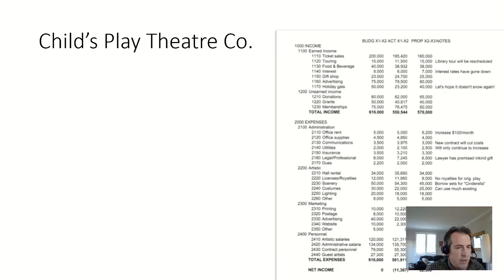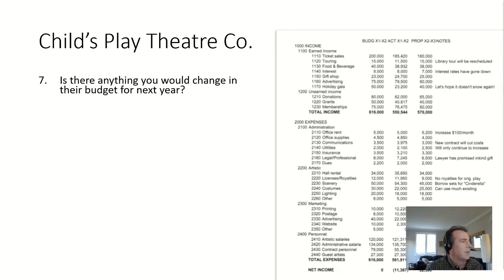And finally, question 7. Is there anything you would change in their budget for next year? Now, as long as you back up your answer with some numbers in the P&L or on the balance sheet, there really are almost no wrong answers here. What I see is that they are expecting their downturn in ticket sales to continue because they're only expecting $570,000 worth of revenue.